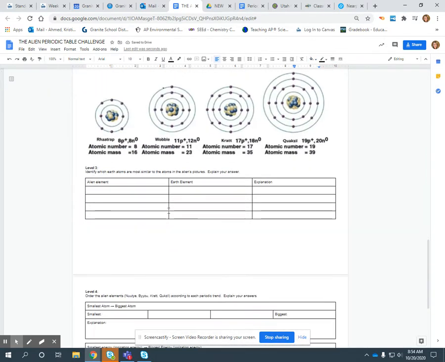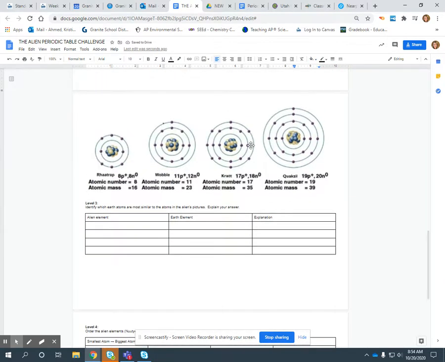The second portion is you're going to look at these models, these pictures of these alien elements, and notice the number of protons and the atomic mass of these elements. Use your periodic table to figure out which alien element is similar to an Earth element based on the number of protons, the atomic number, and the atomic mass.